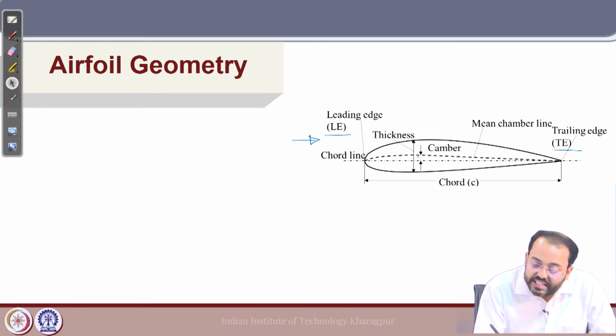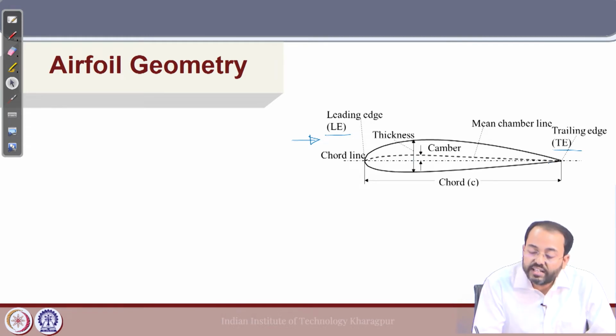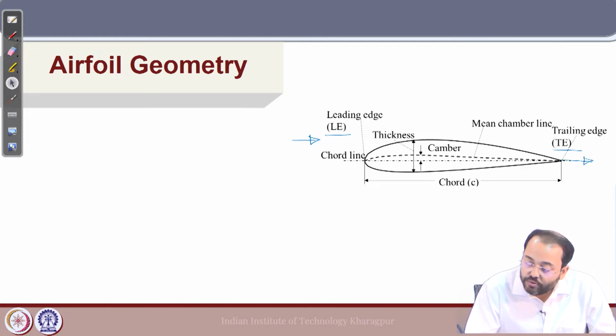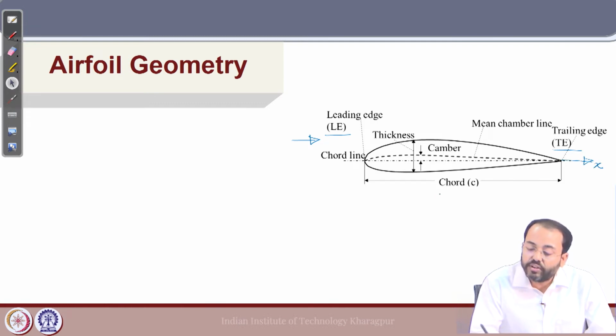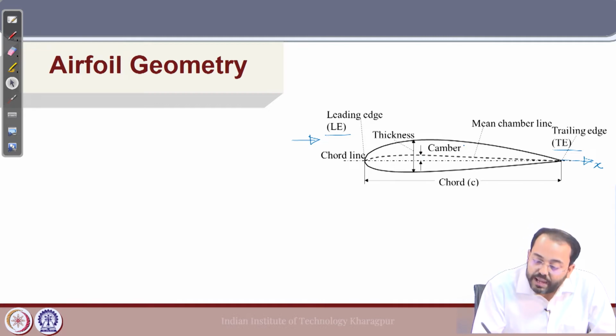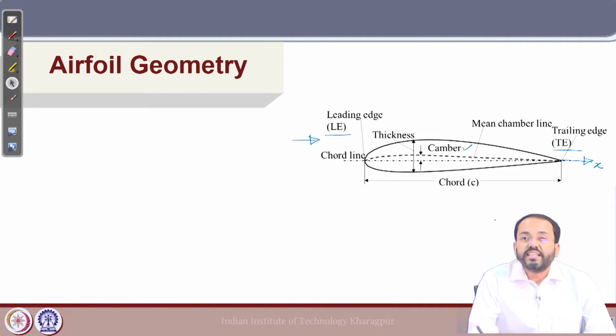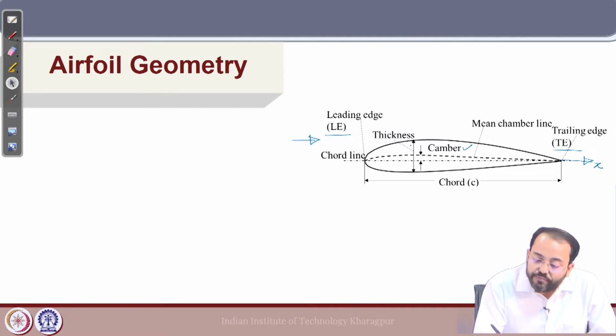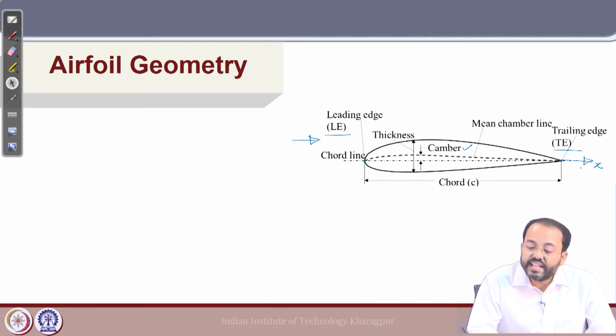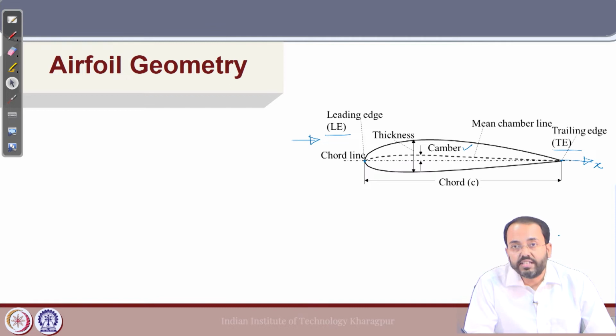That means it has a finite value of camber which changes according to the location along the x axis, if we look along the longitudinal direction along the chord and take it as the x axis. So, the camber varies with the location, and the foil also has a finite thickness, and the chord line is the line connecting the leading and the trailing edge of the foil section.